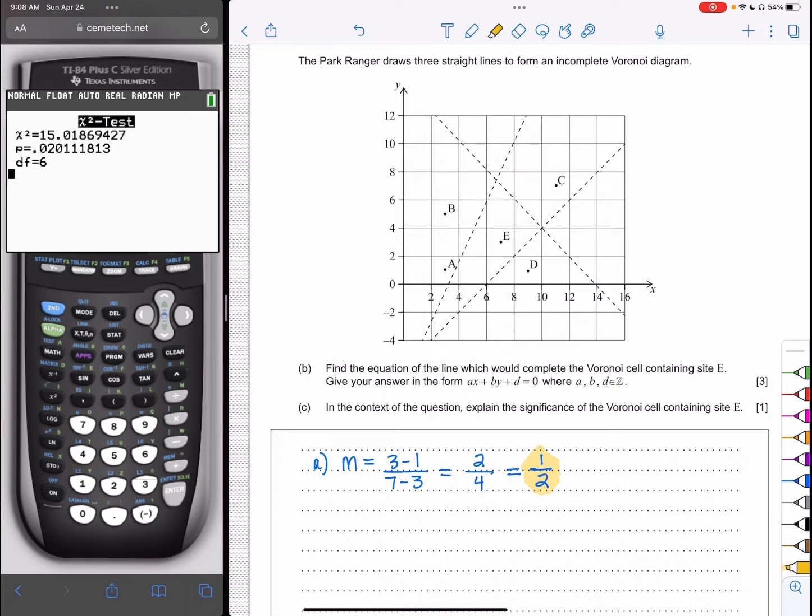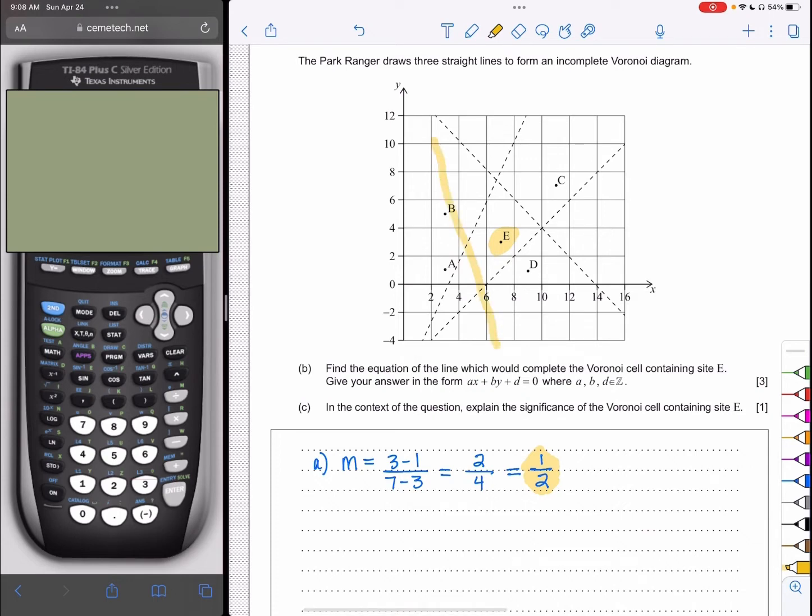So if they want us to complete the Voronoi diagram containing site E, we need to look between A and E and see what the midpoint is between A and E. Because they want us to complete the Voronoi cell for site E, if I focus on site E here, I need to have a line going perpendicular somewhere like this.